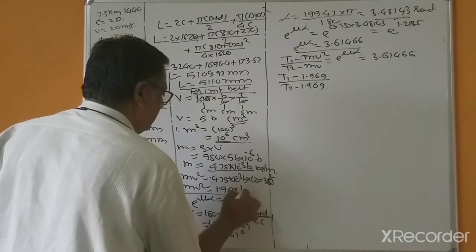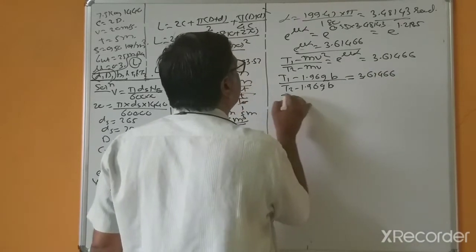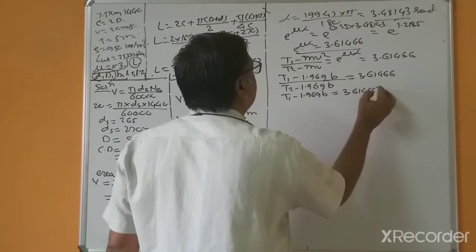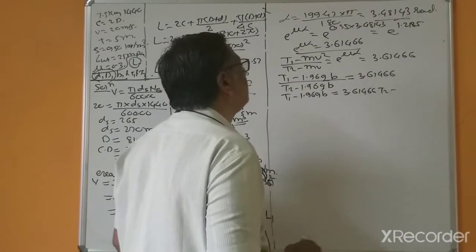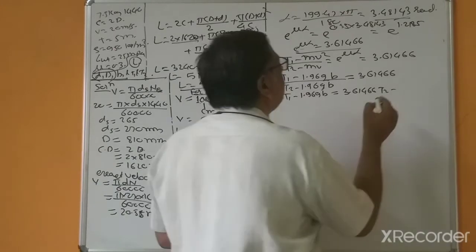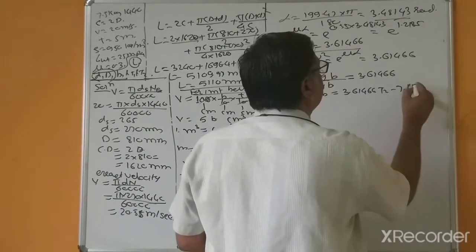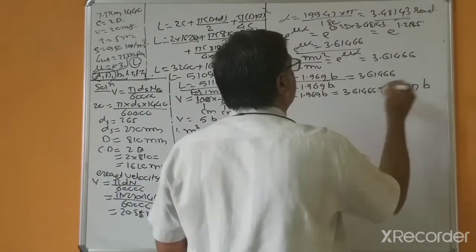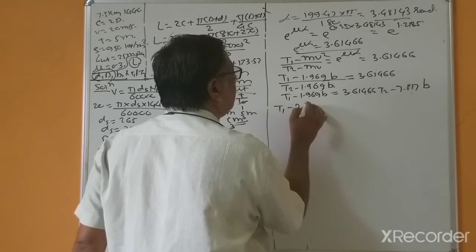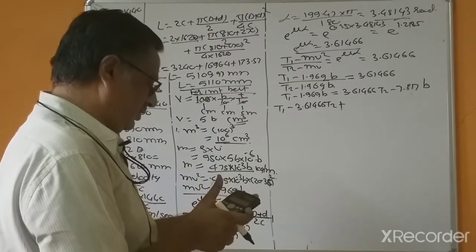Now this is in terms of B. Minus 7.117 in terms of B. So that's why take this in the left hand side, T2 plus minus 1.969.